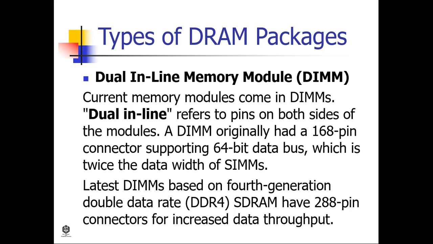The wider bus means that more data can pass through a DIMM, translating to faster overall performance. The latest DIMMs based on 4th generation double data rate, or DDR4 SDRAM, have 288-pin connectors for increased data throughput.